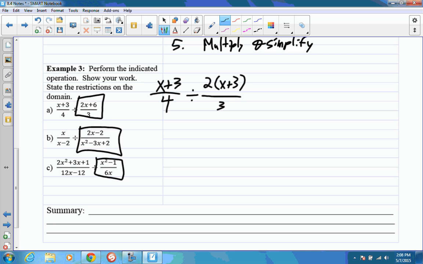So I'm dividing by a fraction, so I take that and flip it to its reciprocal. So that changes to x plus 3 over 4 multiplied by 3 over 2 times x plus 3.